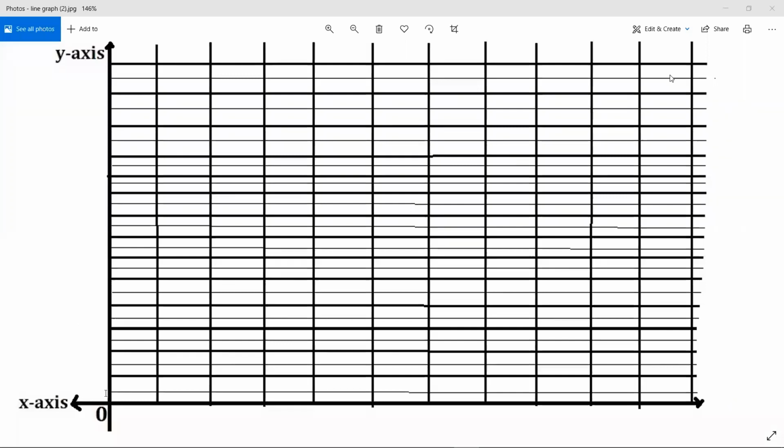So now we have a 0, then you move on to 2.